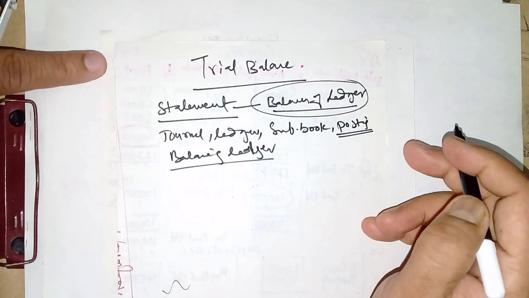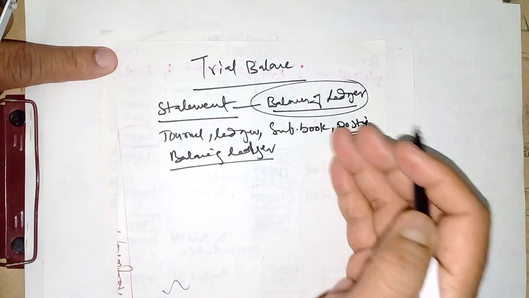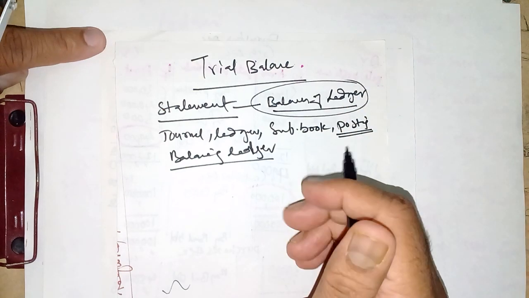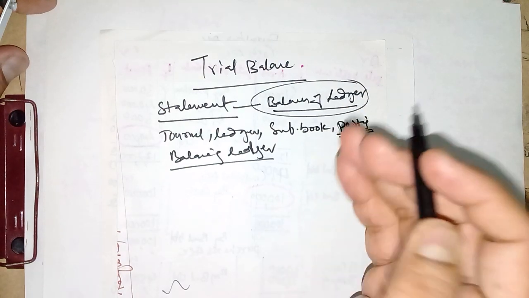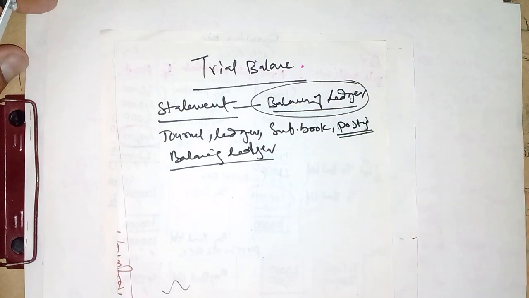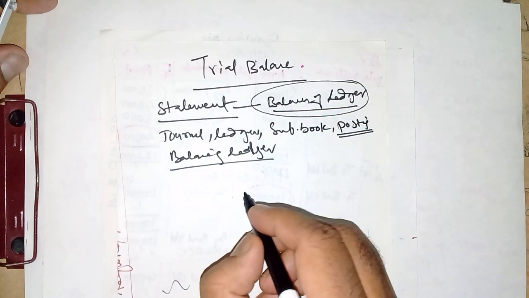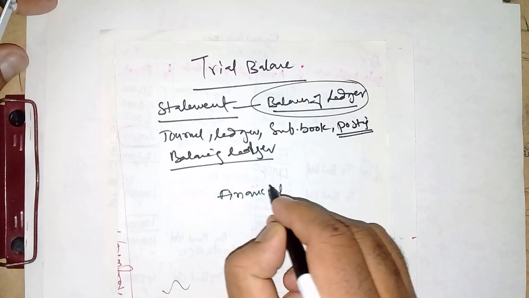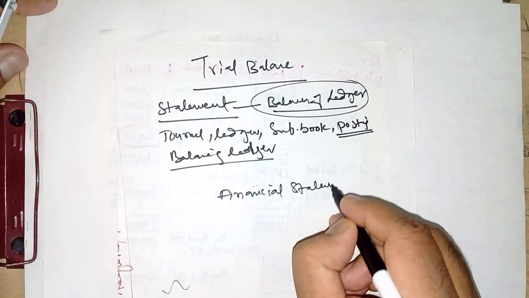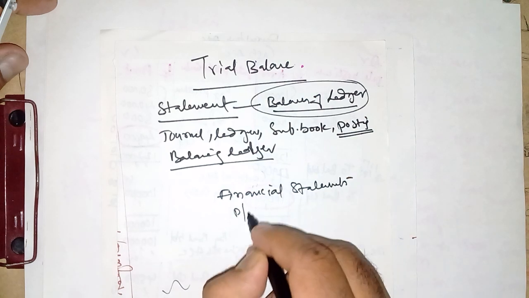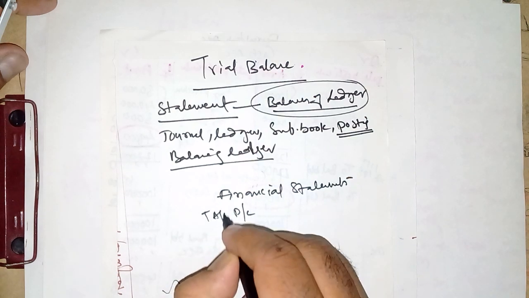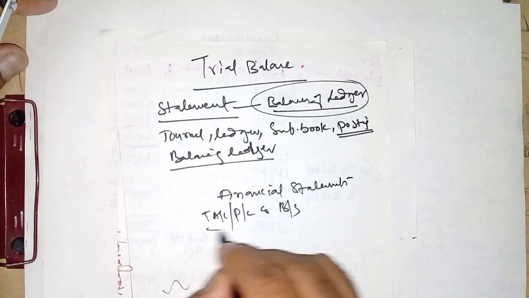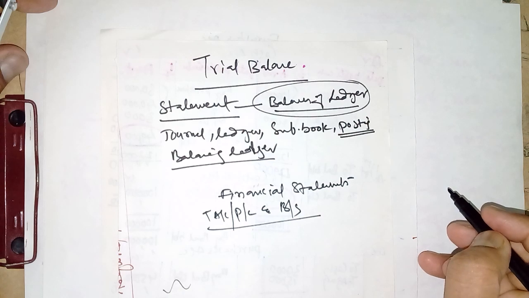So after doing all these processes, we have closed our ledger, and we possess some ledger balances. Now, before moving ahead, comes the preparation of our last statements, the financial statements: the trading account, profit and loss account, and balance sheet. These are the statements we prepare.